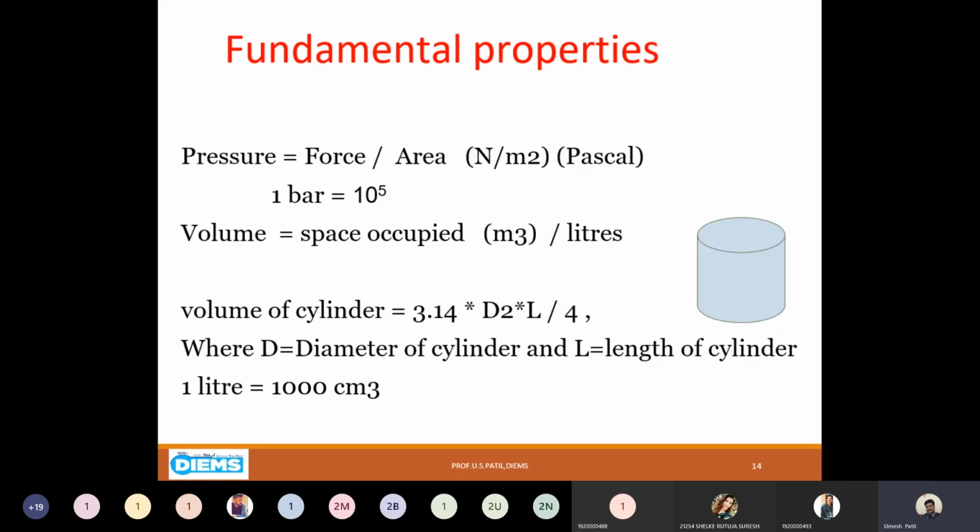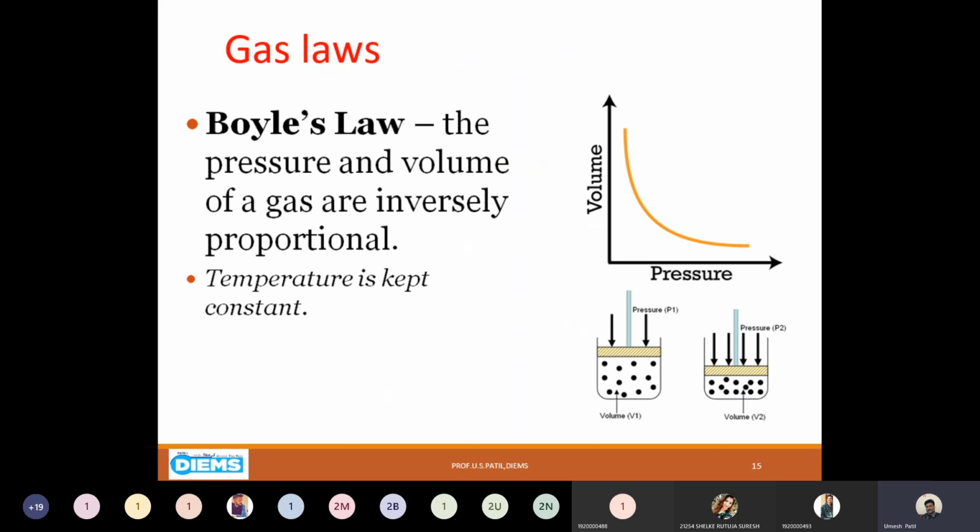Now let's come to the different types of gas laws. These three properties, pressure, volume, and temperature, are interlinked with each other by different gas laws. Boyle's law is one of them, which gives the relation between pressure and volume.